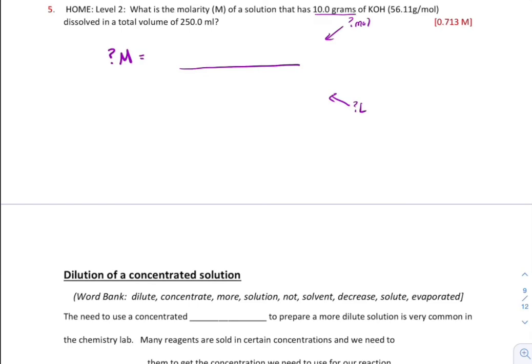So right now I have grams and I have a volume. You can probably see right now that volume will turn into liters. Yeah, let me do that in a different color.